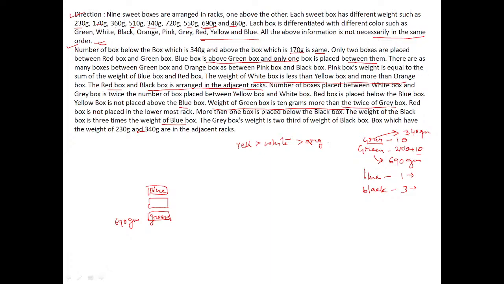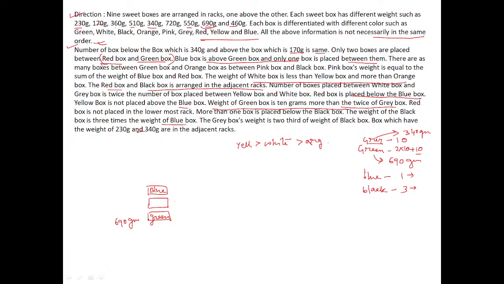Here the red box is placed below blue box, okay, but only 2 boxes are placed between red and green box. Get it? Only 2 boxes between red box and green box, and it's also saying red box is placed below blue box. If red box is placed below blue box and there will be 2 boxes between green and red, then red can't be here, right?